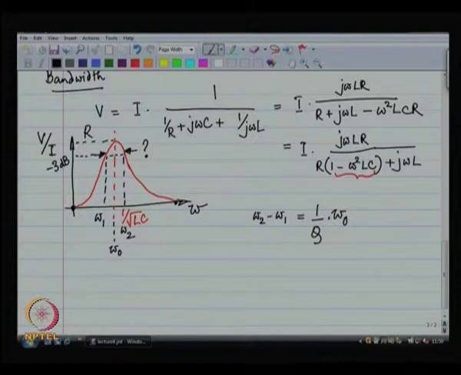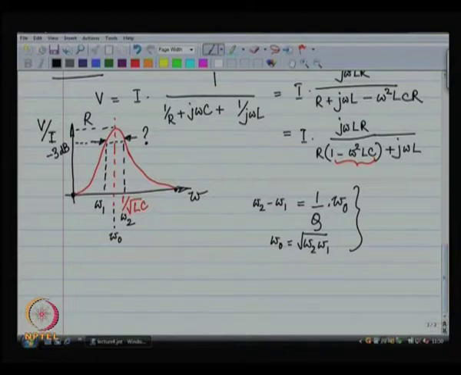You can also show that omega naught is the geometric mean of omega 2 and omega 1. All of this comes from your circuit theory. So, you have two equations and two unknowns, and you can compute the values of omega 2 and omega 1. All right. So, this is bandwidth.